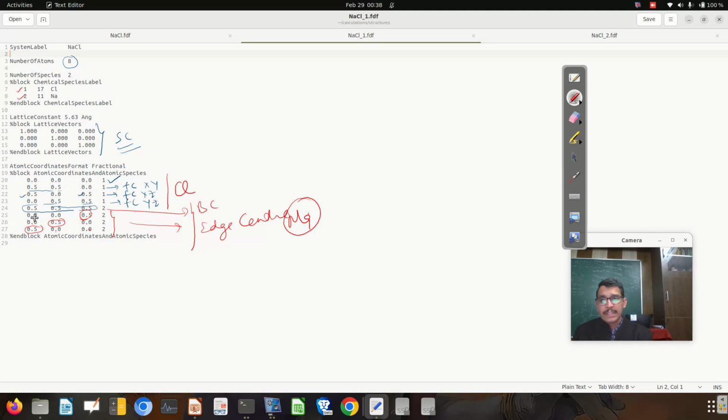Rather than writing 0 0 0, let me change the color. Yeah, in place of this 0, this 0, this 0, this 0, if I place 1.0, then that means I am taking one FCC lattice like this, because here this is the FCC lattice.